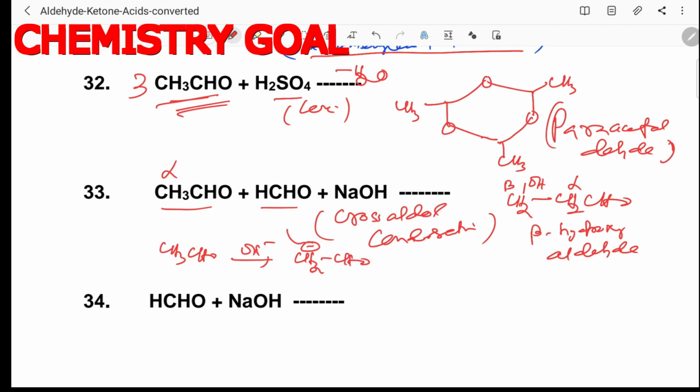This CH2 minus attacks formaldehyde, forming this product. And it also loses a water molecule on heating. If you heat it, the result is CH2 double bond CH and CHO, producing an alkene.